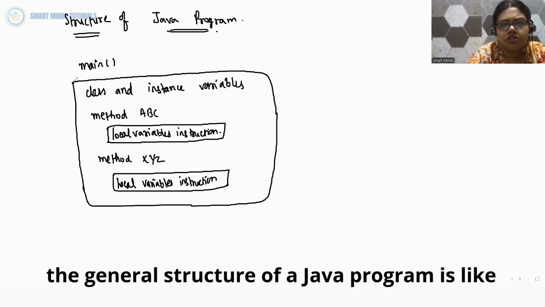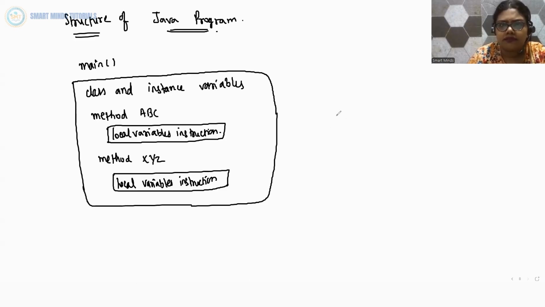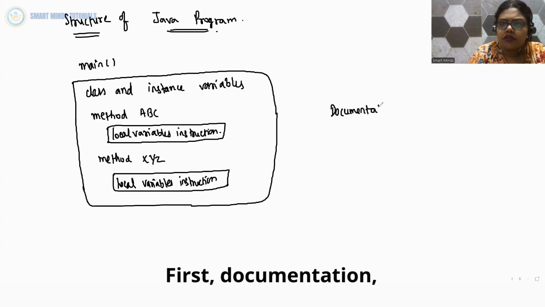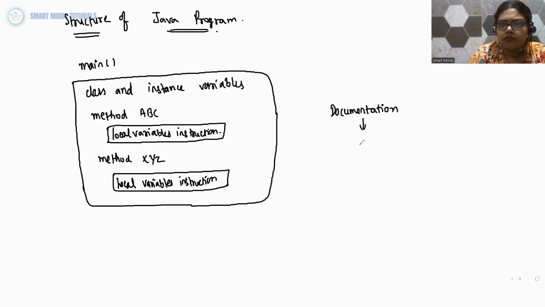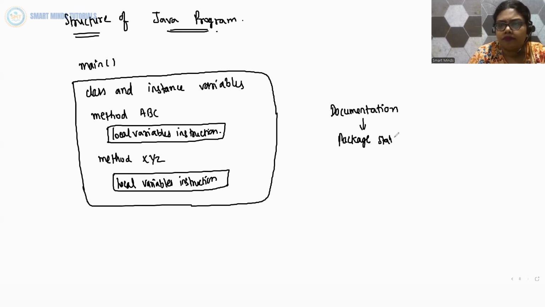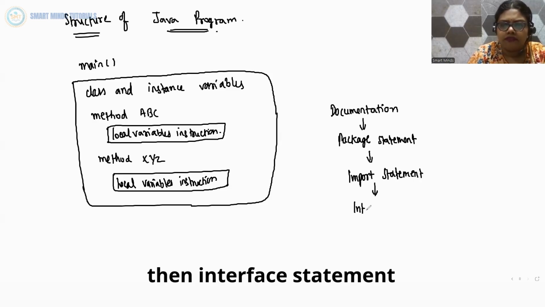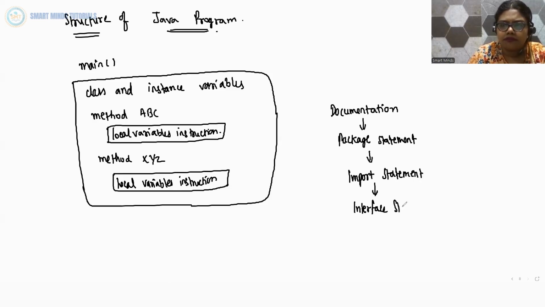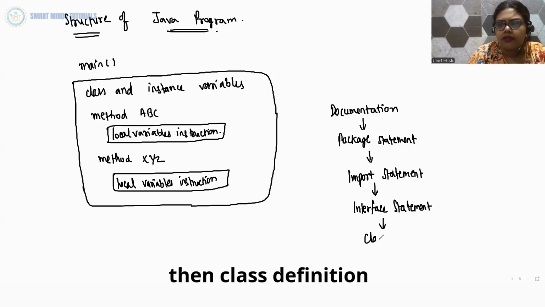So the general structure of a Java program is like this. First, documentation, then package statement, then import statement, then interface statement, and then class definition.